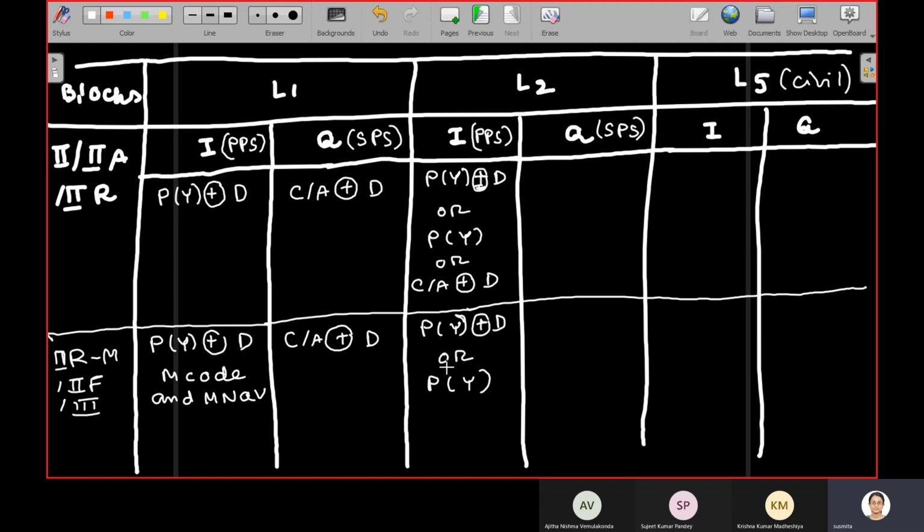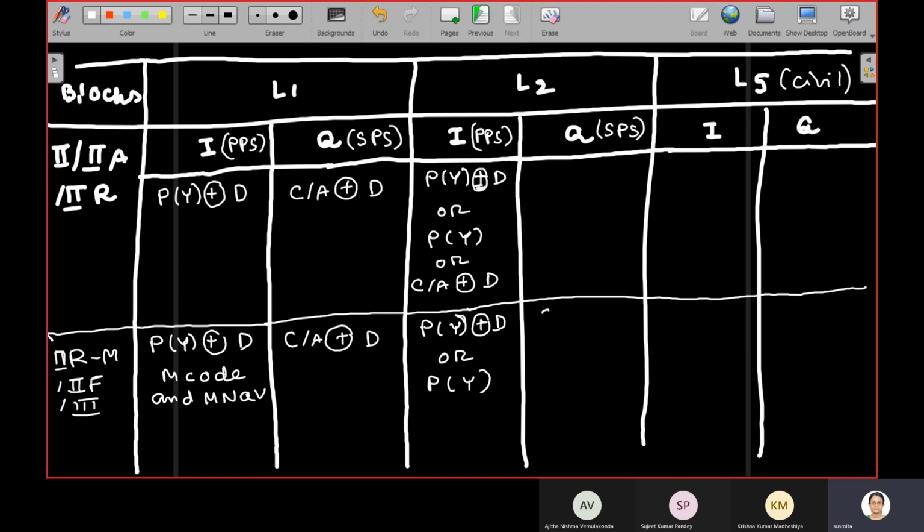Then what they did, they removed this CA and D from this block onwards in the in phase completely, because they put additional code and data for the civilian users in the quadrature phase.